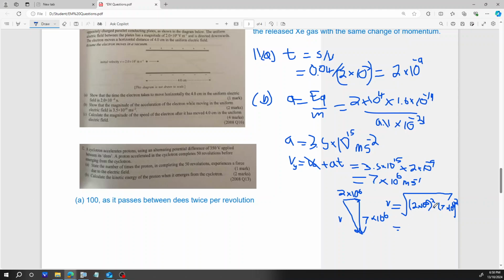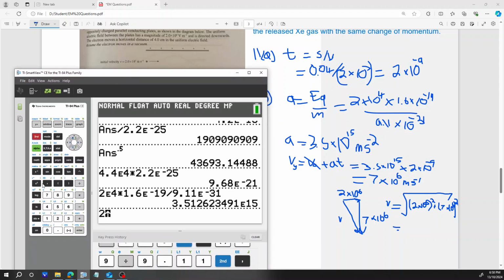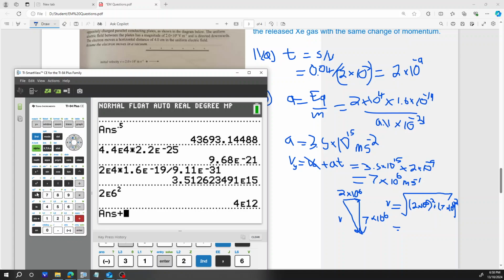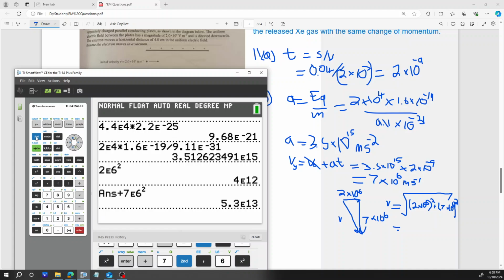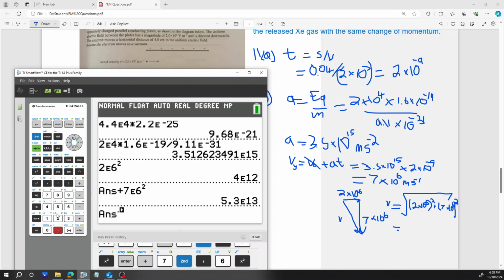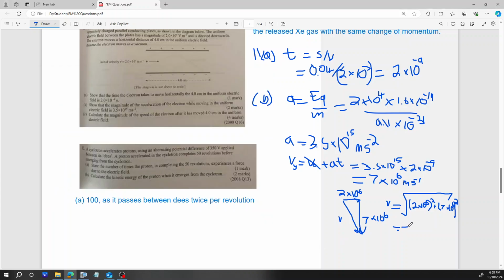I won't take shortcuts with the calculator. I'll just show you the proper way. Okay, let's just work them out. So sum the squares: 2E6 squared plus 7E6 squared, and then take the square root, power of 0.5. All right, so that is 7.3 times 10 to the 6. Yeah, it's consistent in the notation sense.